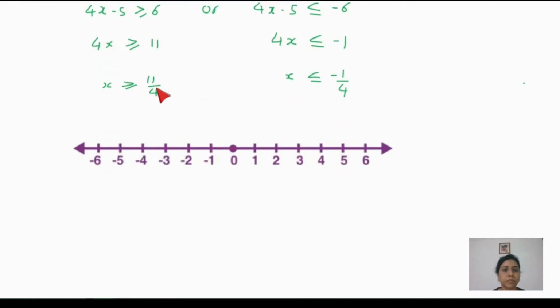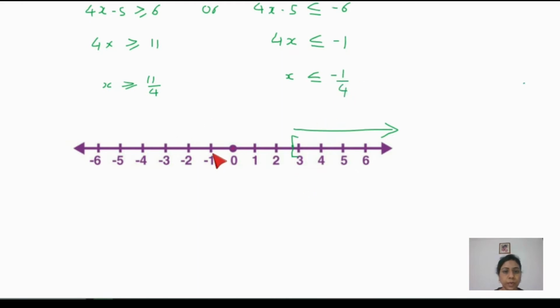So 11 upon 4 is approximately 2.75, which is near 3. And x is greater than or equal to 11 upon 4, so it means more than this point, and because of the equal to sign, this point is included.